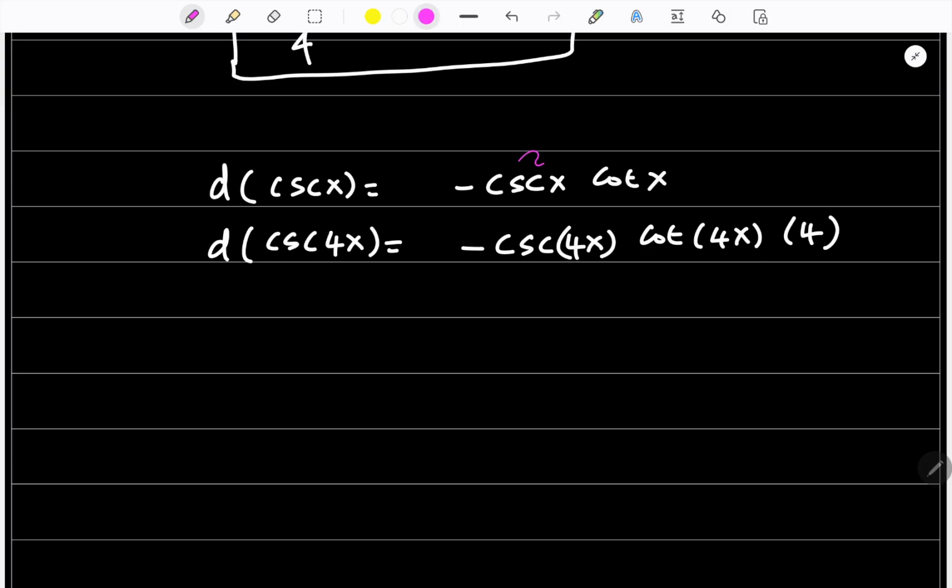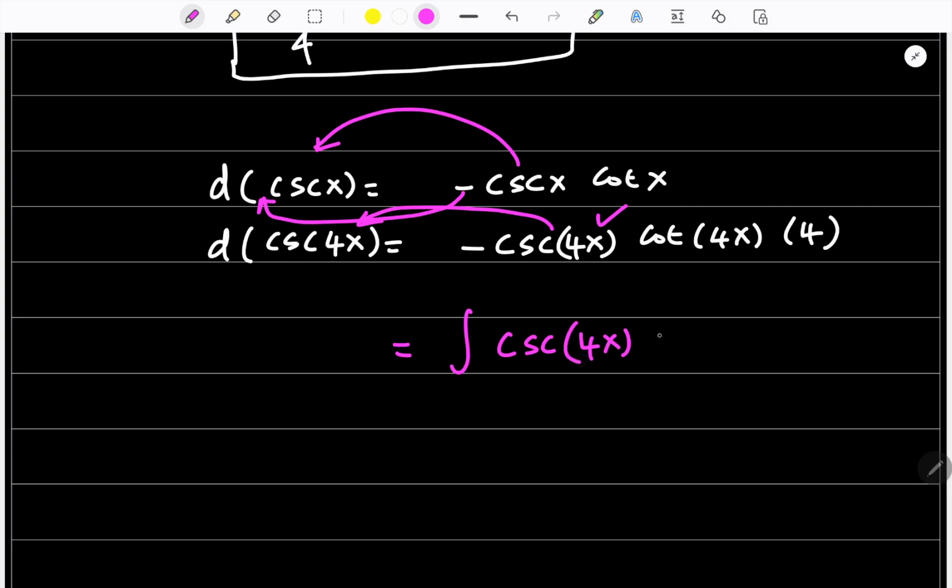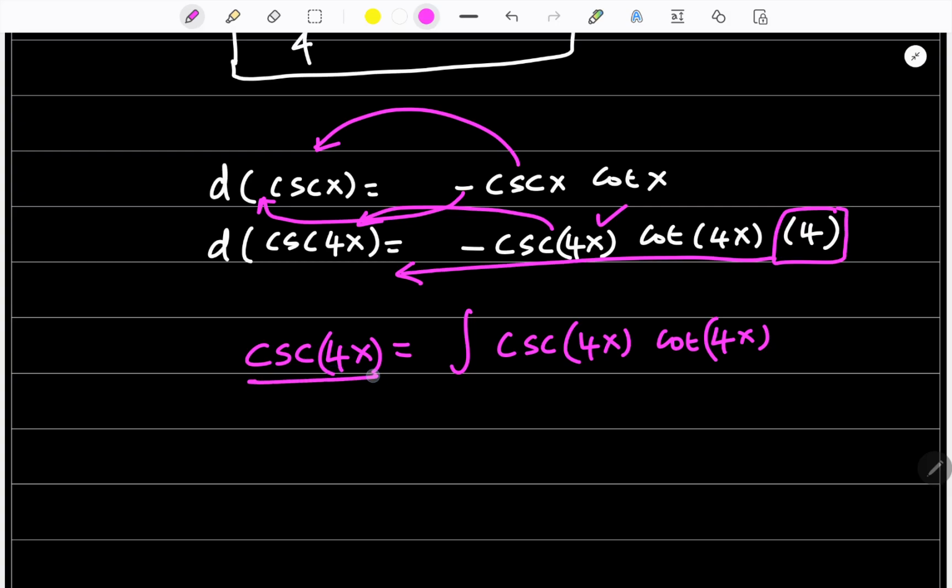If you integrate this one, you will get this with the minus sign. So if you integrate cosecant 4x cot 4x, this 4 is multiplying, so when it comes to this side, it will divide. Cosecant 4x divided by 4 with minus.